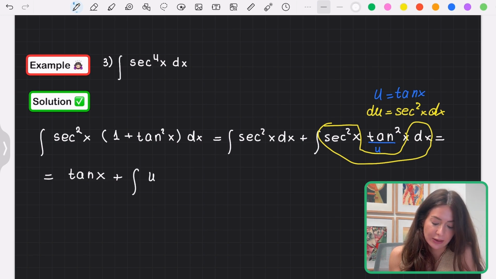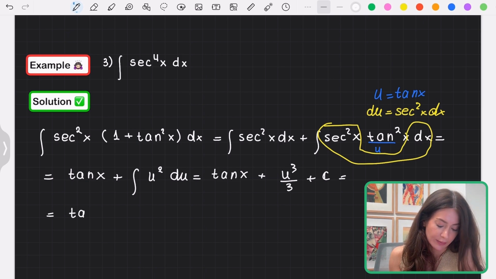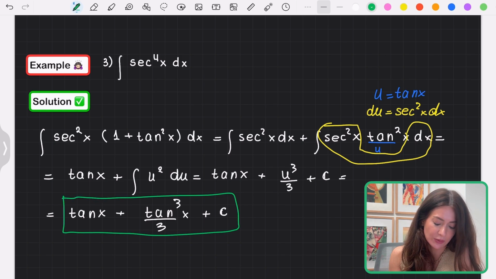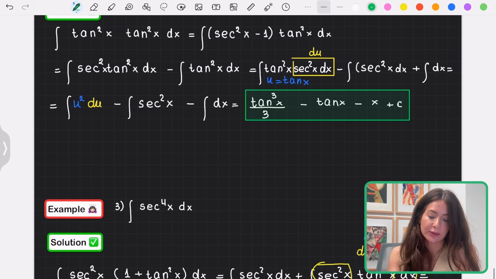Rewrite this as a u sub and take the power rule. Back substitute tangent. And that's the final answer. It looks similar to when you took tangent raised to the fourth power, but a little different.